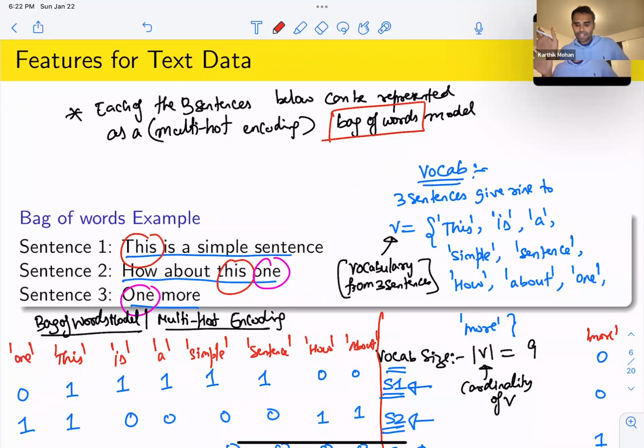The disadvantage of a bag of words model is, imagine you have 300,000 words in your vocabulary and your sentence is only 10 words long. You're going to have 10 non-zero elements in this 300,000 long vector, which is a very inefficient representation.